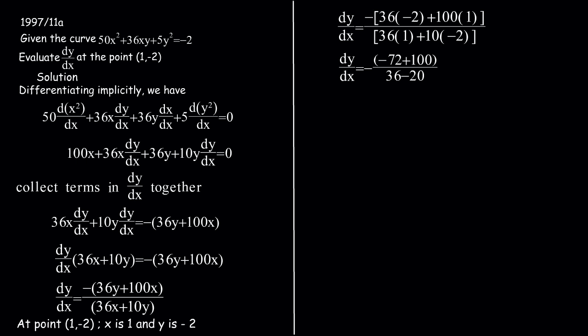So dy over ds is equals to minus in bracket minus 72 plus 100 divided by 36 minus 20. Simplifying further, minus 72 plus 100 is 28 and 36 minus 20 is 16. 28 over 16 will be equals to 7 over 4. That is where our final answer will be equals to minus 7 over 4. Then converting into mixed fraction, that's minus 1 and 3 over 4.